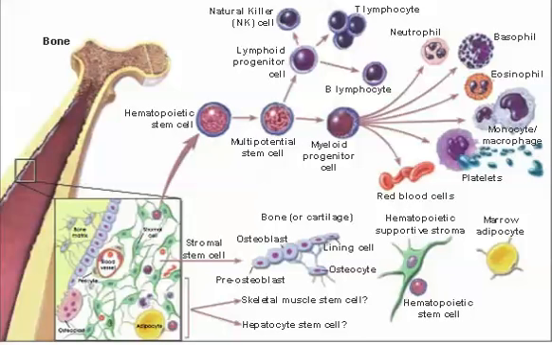Four types of cells are found in bone tissue: osteogenic cells, osteoblasts, osteocytes, and osteoclasts. Osteogenic cells are stem cells derived from the mesenchyme. When osteogenic cells divide, they form osteoblasts.